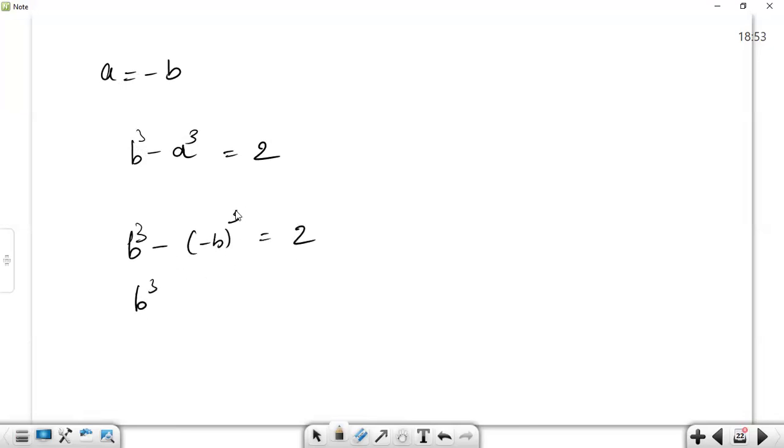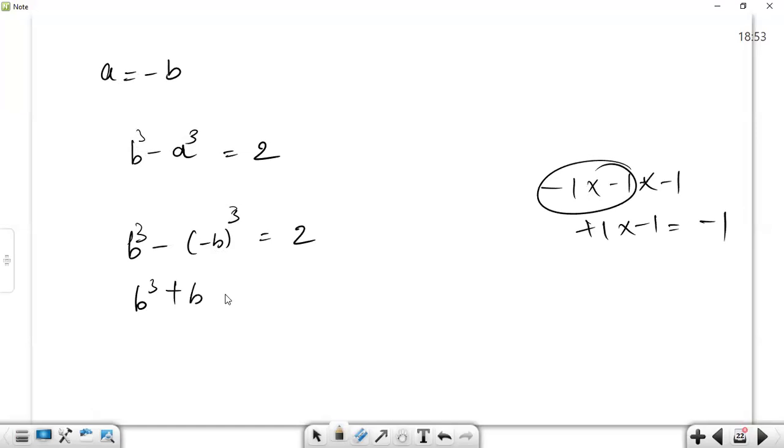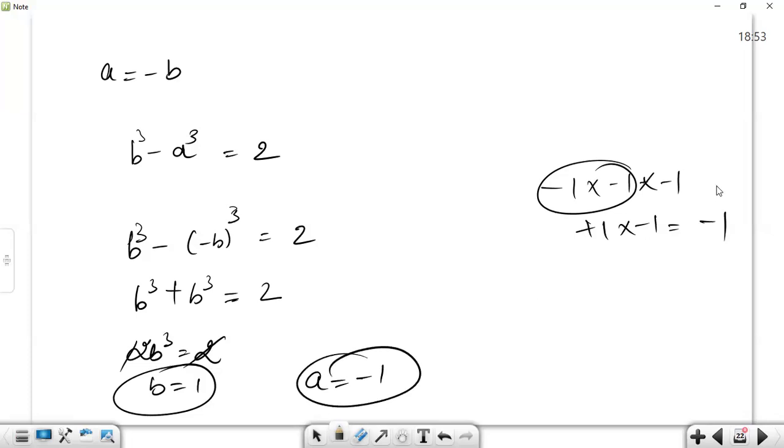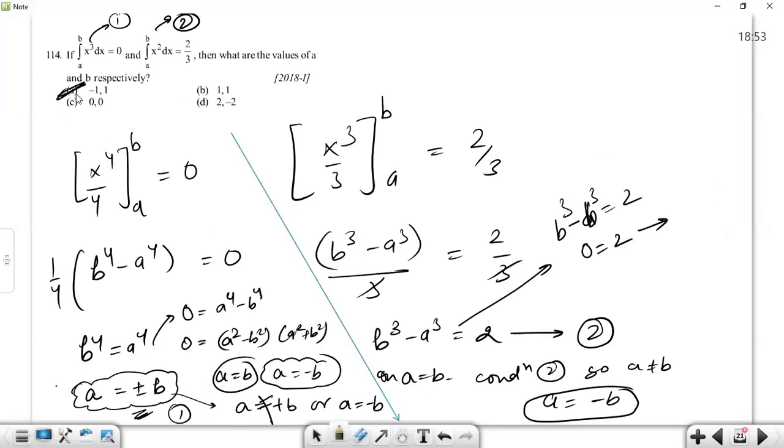The minus sign will come out, because minus 1 multiplied 3 times becomes minus 1, so the minus signs cancel each other. So 2b cube equals 2, 2 cancels, b will become 1. So if b is 1, a will be minus of 1. So from the options, option A is correct.